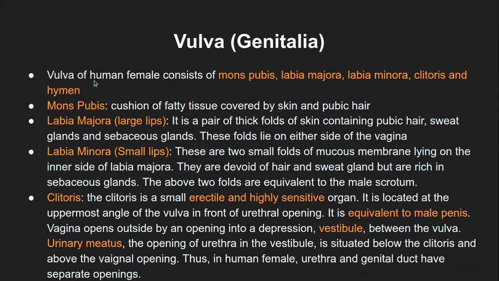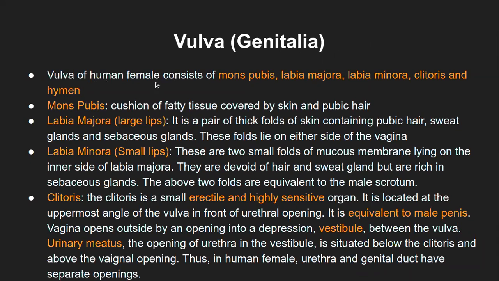So vulva is the external genitalia, and it is not a reproductive structure or organ which takes part in reproduction, but rather it is just the physically present organ part.